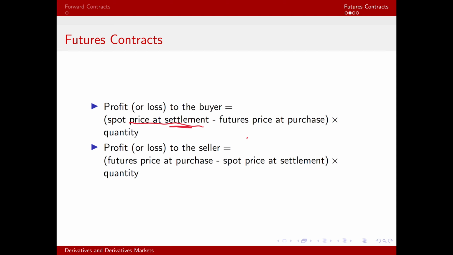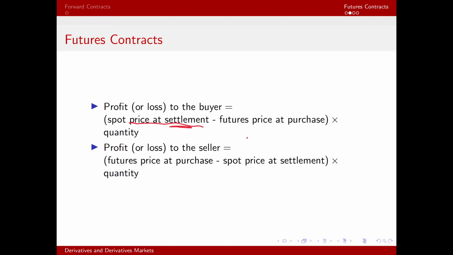But we can calculate profit from futures contracts pretty easily. The profit from a futures contract for the buyer is just the difference between the spot price at settlement minus the futures price at purchase, times the quantity. So let's use our bushels of wheat example again. Let's say that the price on the date of the futures contract for a bushel of wheat is $5.